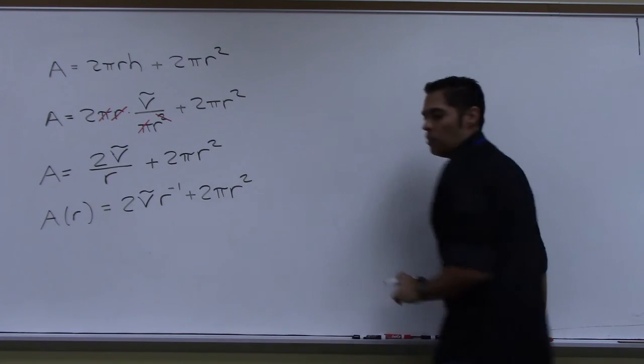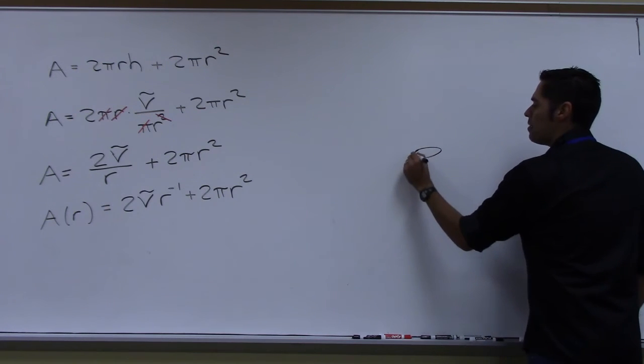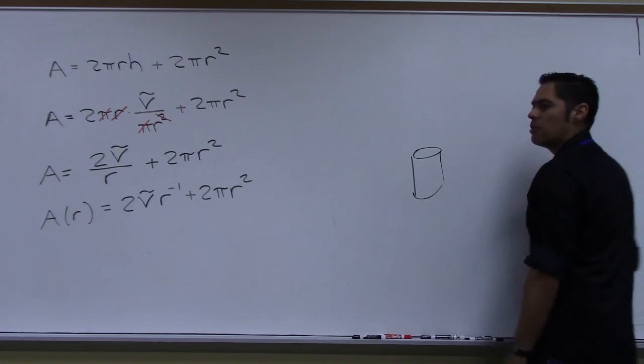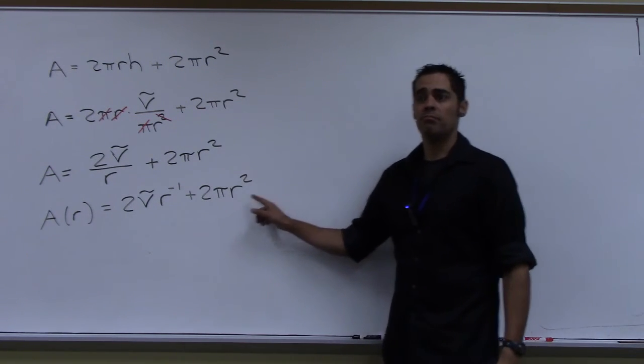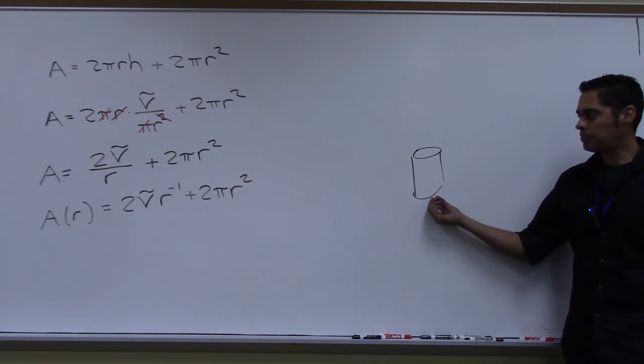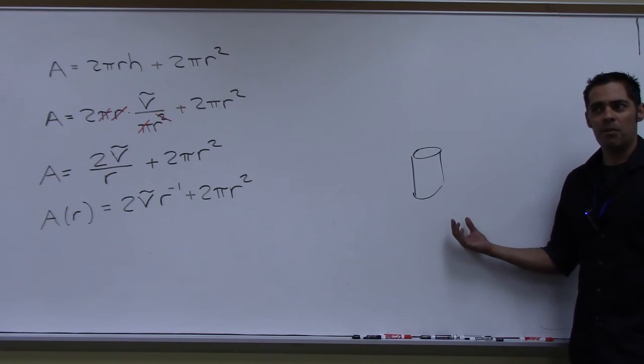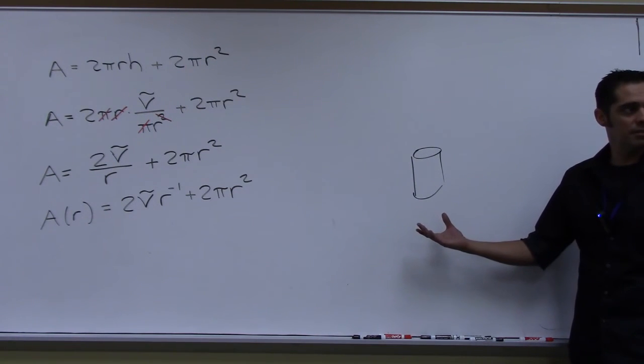All right, what's next? I'm going to do derivative before that. Open or closed interval? Do we have any restrictions on this hypothetical can in terms of the radius? Is there a smallest radius we can have? 0? I mean, it wouldn't make sense to have a negative radius here.